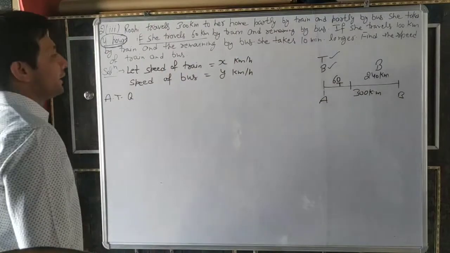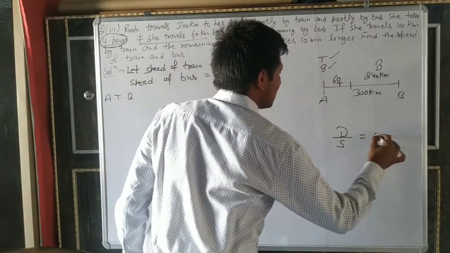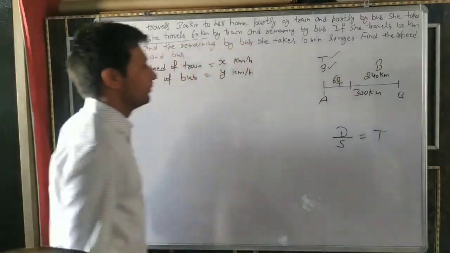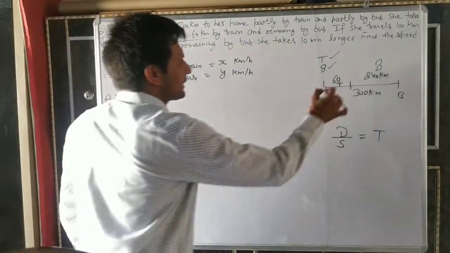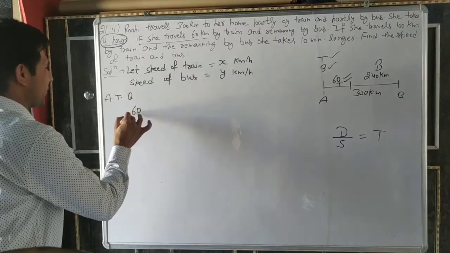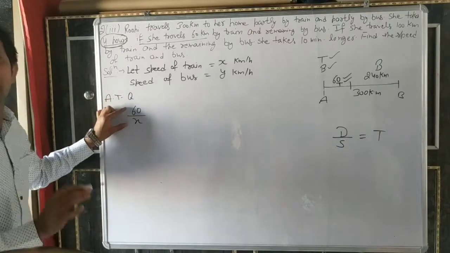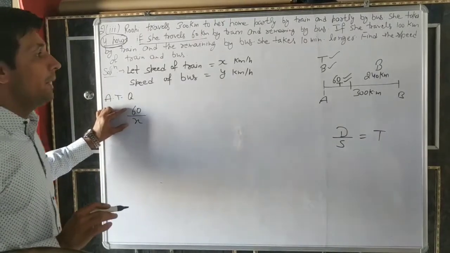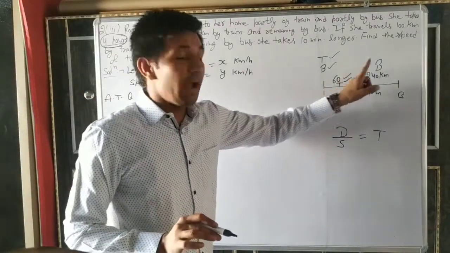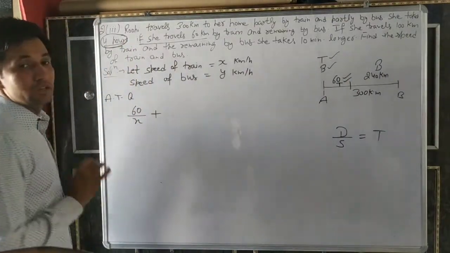So we will use the formula distance divided by speed equal to time. How much distance is traveled by train? 60 kilometer. And what is the speed of train? X. So this is the time taken by train. But by train and bus both, how much time is taken? 4 hours.